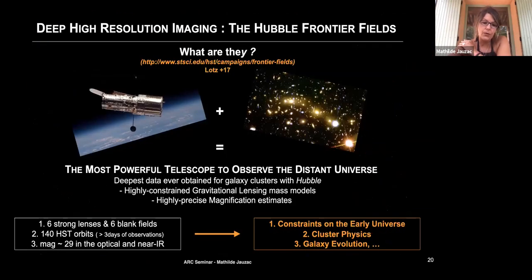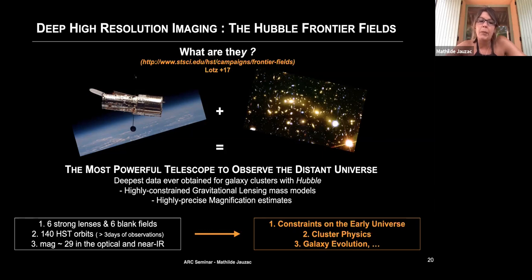If we concentrate on the strong lensing for now, the deep high-resolution imaging has been provided by an observing campaign called the Hubble Frontier Fields. I know that some of you have heard about that. Those are the deepest observations of cluster cores that have ever been taken, but only on 6 clusters.